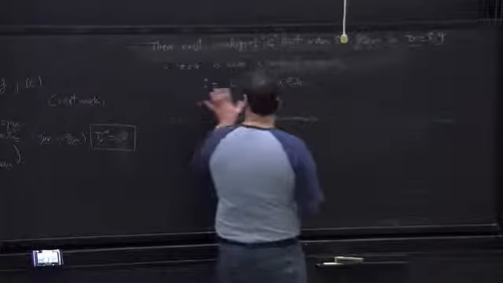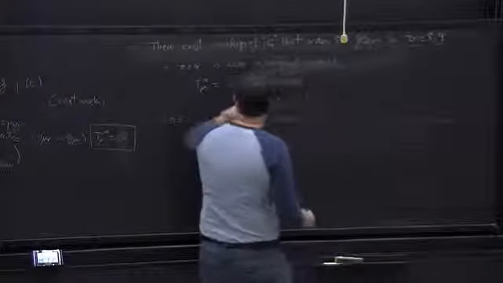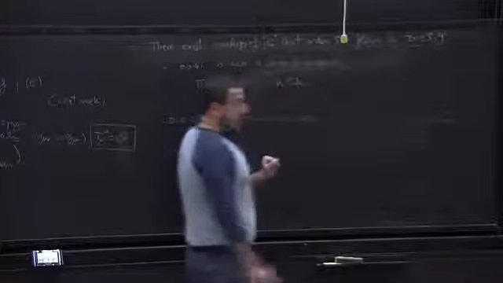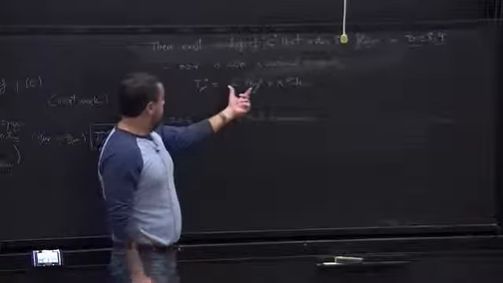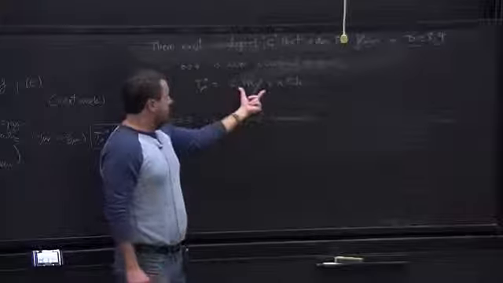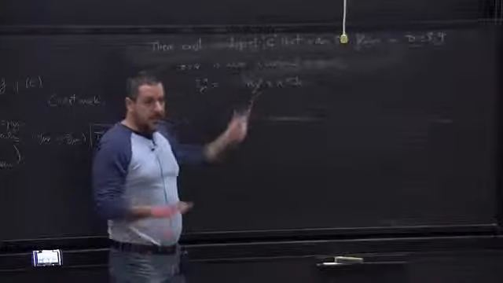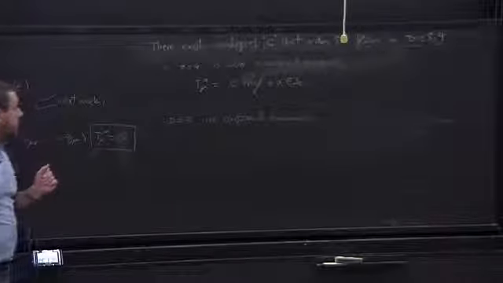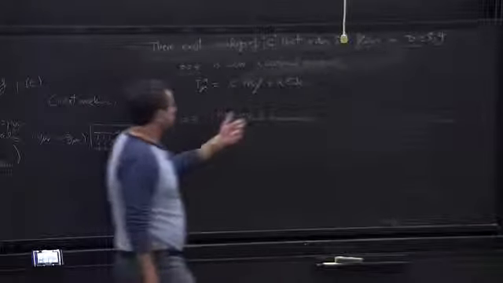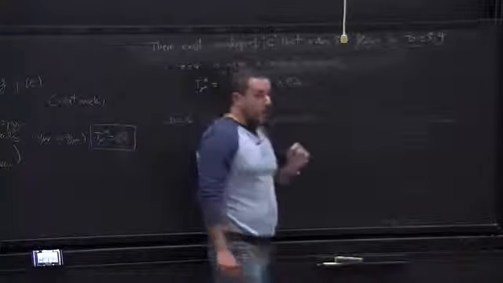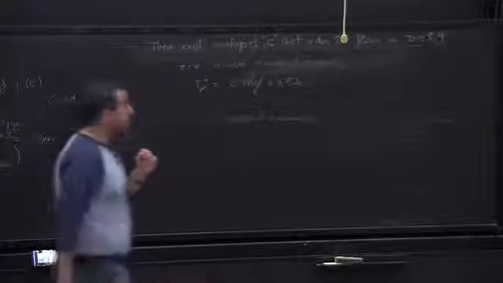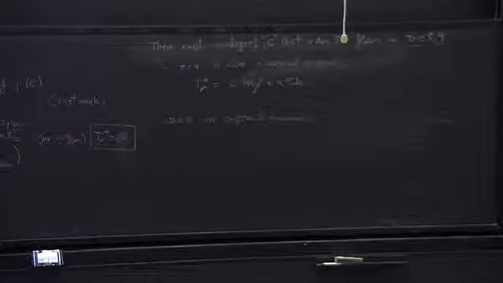But the point is that in 4 dimensions, there are 2 possible structures that can appear, that have the right dimension, and that are physical. There is a coefficient C that multiplies the Weyl tensor. Do people know what the Weyl tensor is? It's the traceless part of the Riemann tensor, the Weyl tensor squared. And then there is A that multiplies the Euler density. This is a topological invariant.